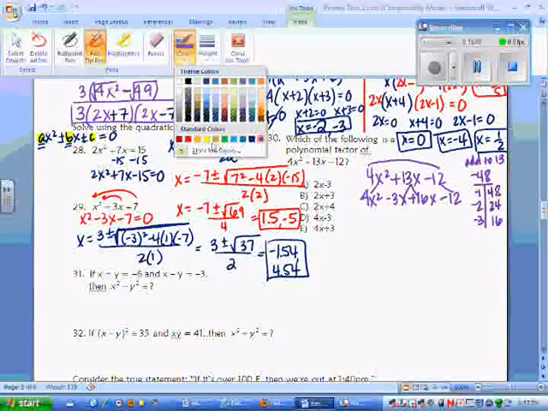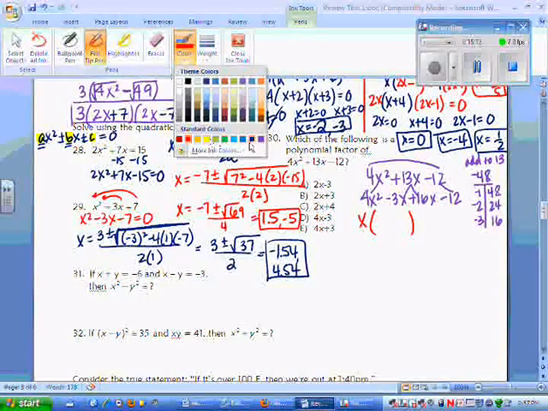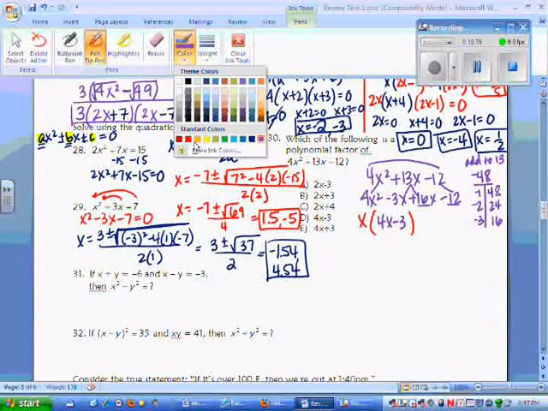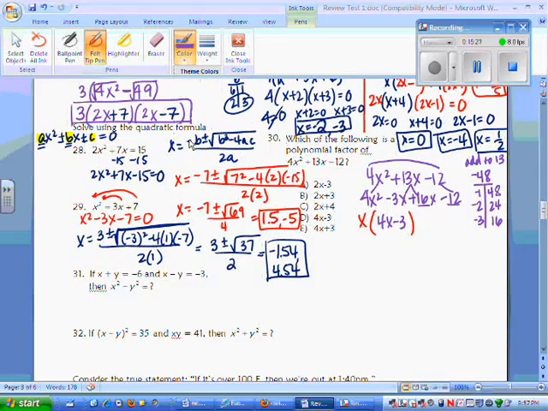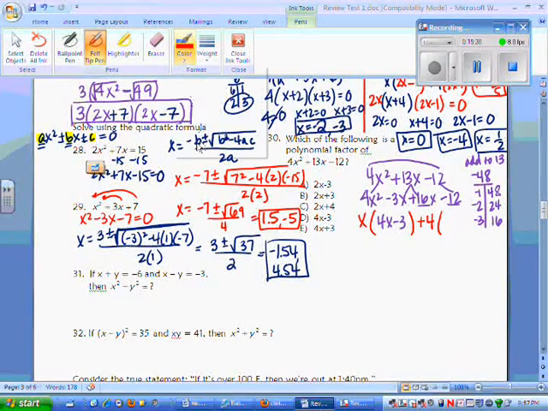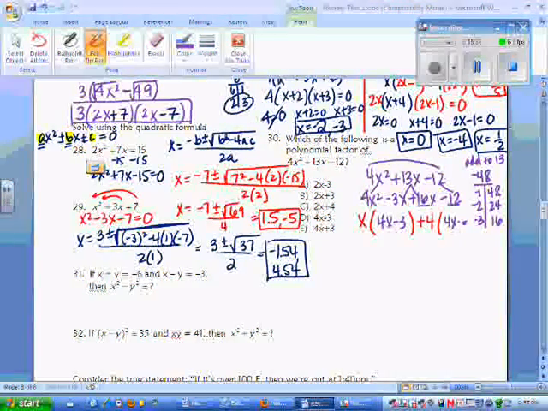GCF in the first two, I can pull out an x, and I'm left with a 4x minus 3. GCF in the next two, I can pull out a 4, and I'm left with a 4x minus 3.